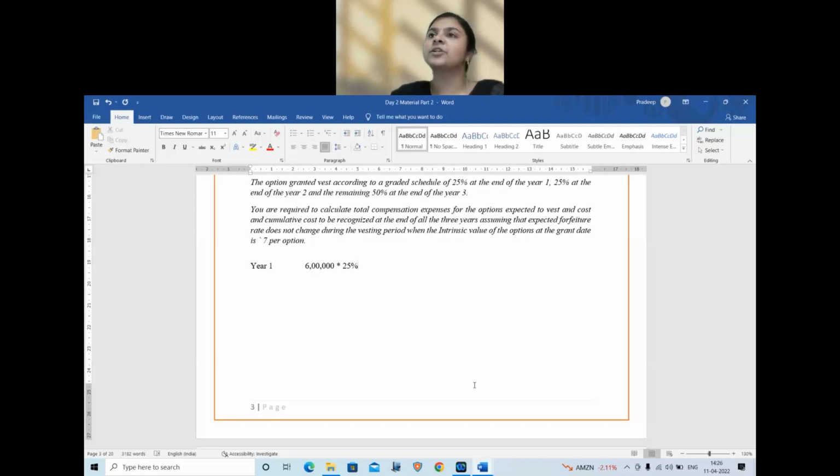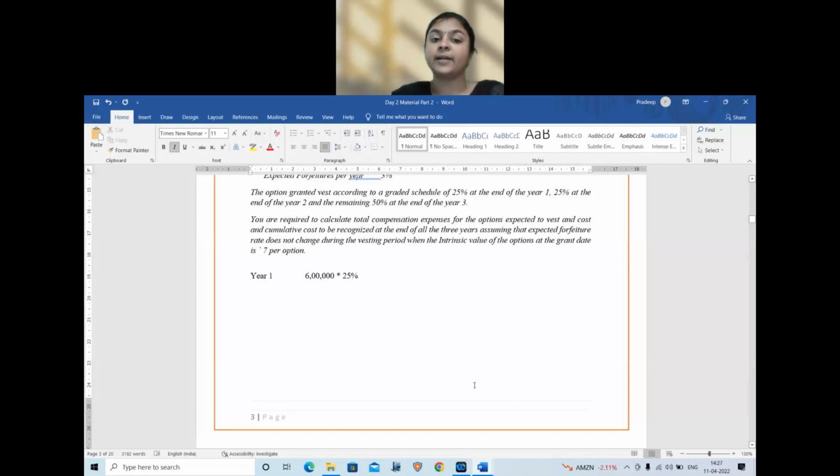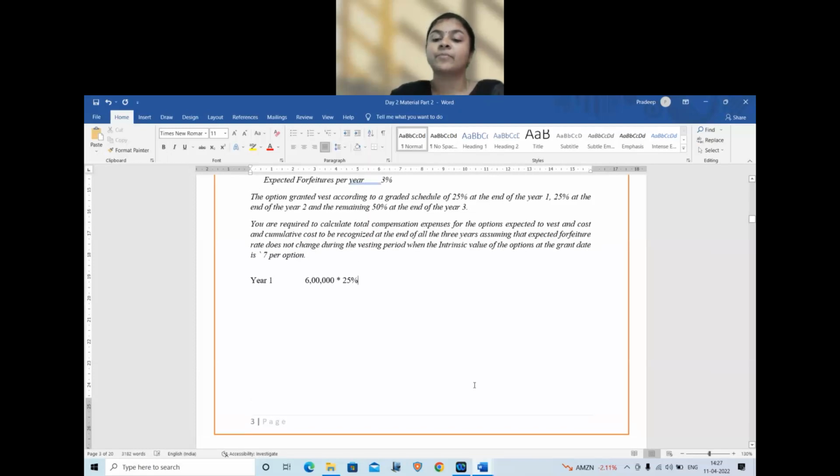Correct? So 6 lakhs into 25% is vested. Of which 3% will become unvested. So what will be the actual vesting at the end of the year? 97% alone will be actually vested. So 97%, which gives you 1,45,500 options.